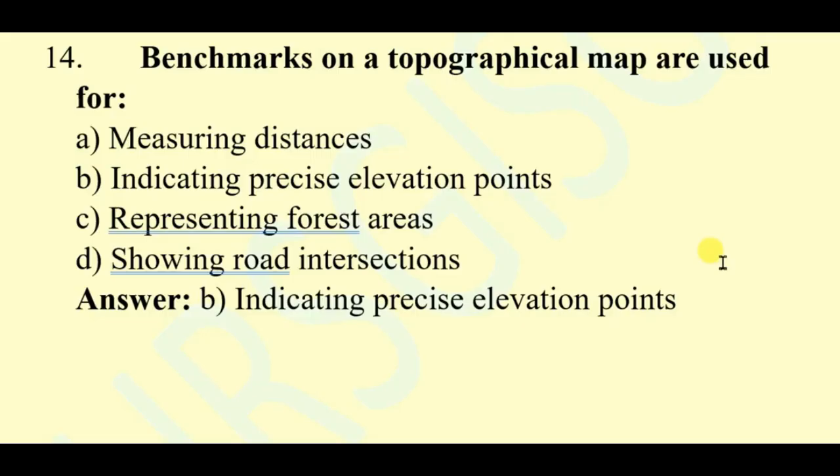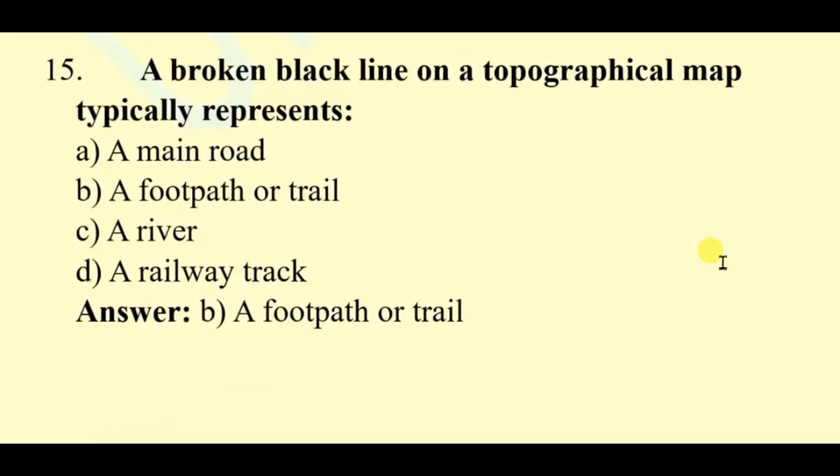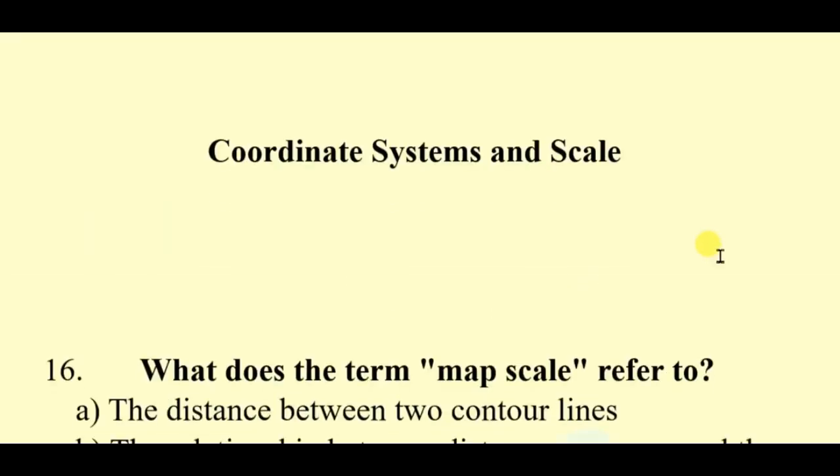The answer is indicating precise elevation points. Question 15. A broken black line on a topographical map typically represents a main road, a footpath or trail, a river, a railway track. Here the right answer will be a footpath or trail.